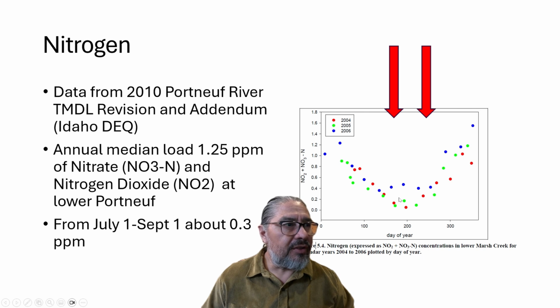If you look at the day of year values, the average from July 1 through September 1 is about 0.3 parts per million. Notice it has this curve here. I'm not exactly sure why, but I'm assuming that plant and algae growth are using up some of that nitrogen during the summer months, and during the winter months they're not using it, so it's higher during the winter.